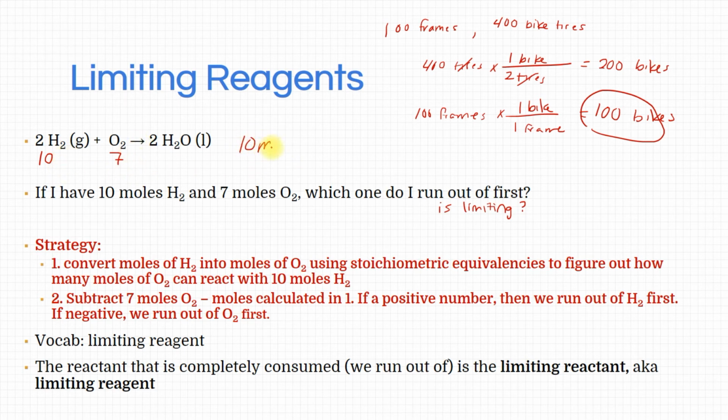So 10 moles of H2 would react with exactly, let's see, there's 7 O2 for every 2 H2, so that's our ratio. So I'm going to put in 10 times 7, which is 70, and divide that by 2, so that's 35.